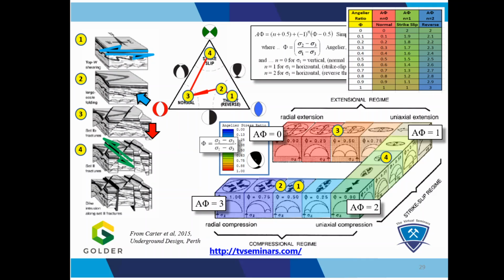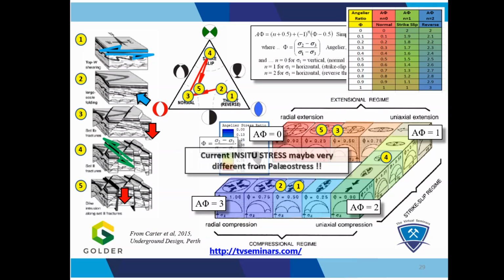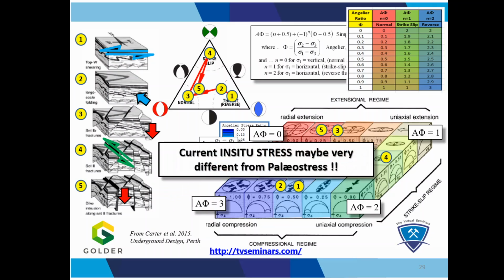So we've moved across the triangular diagram. And now, in the next stage, we see strike-slip movement. And lastly, we're back into a normal faulting situation. So our current in situ stress may be very different from paleostress. And many of the techniques of acoustic emission measure only the paleostress.